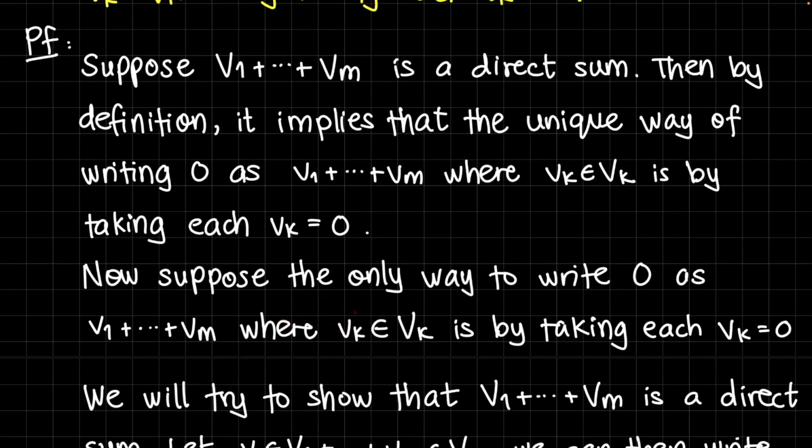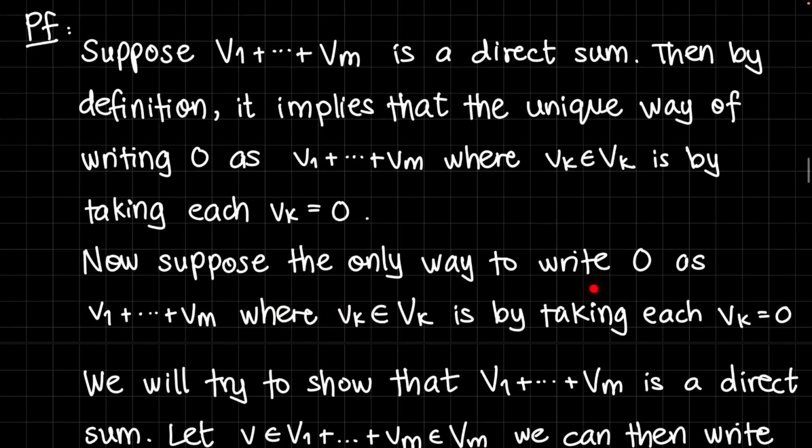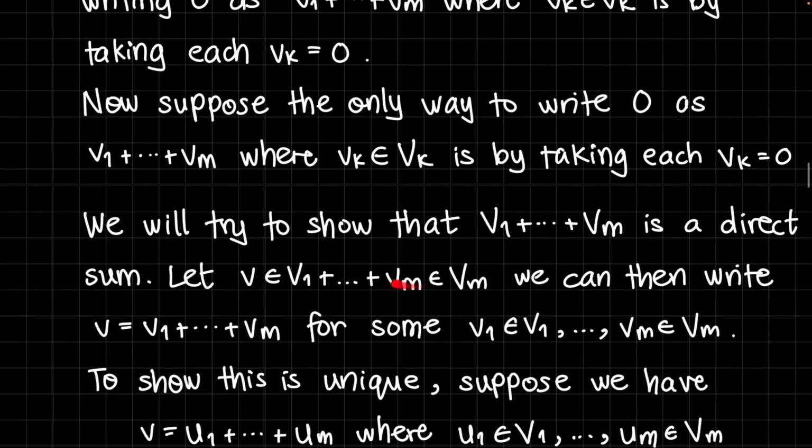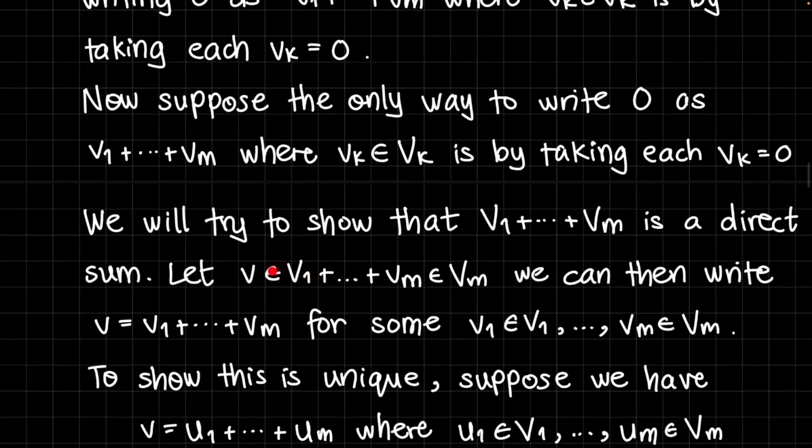Now suppose the only way to write 0 as v1 plus dot dot dot vm, where vk belongs to capital Vk, is by taking each vk equals 0. We will now try to show that the subspace sum is a direct sum. So let v belong to the sum of subspaces.